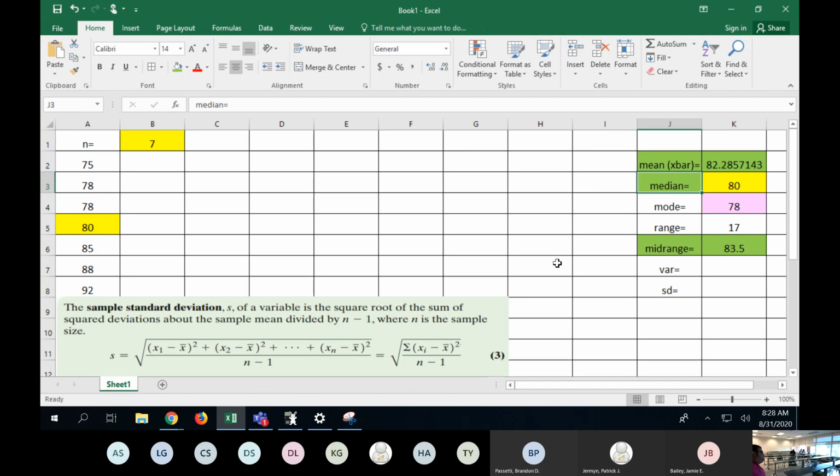What's inside the parentheses? Everybody should be looking at that formula. What's inside the parentheses? X sub i minus what? X bar. So somebody tell me, in layman's terms, what are we doing in those parentheses?